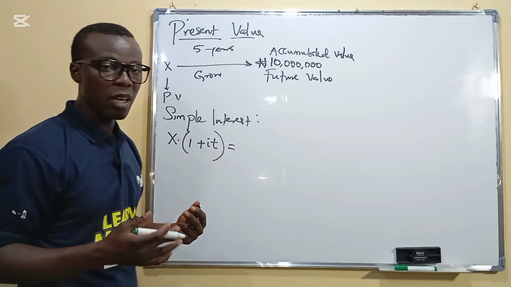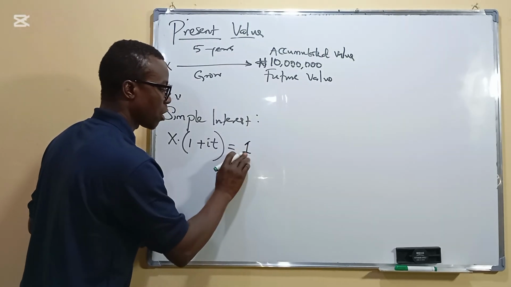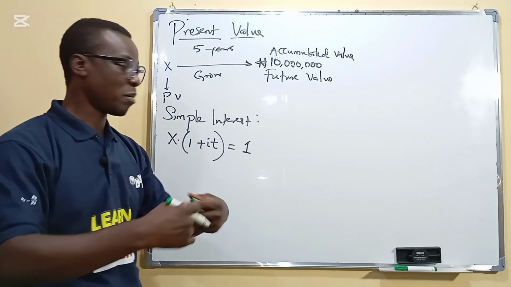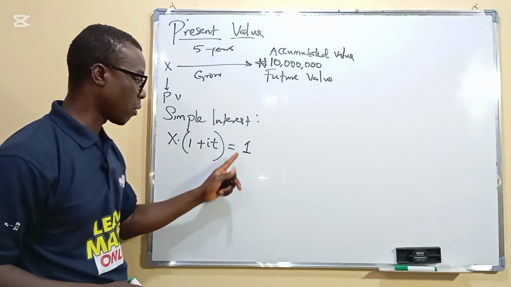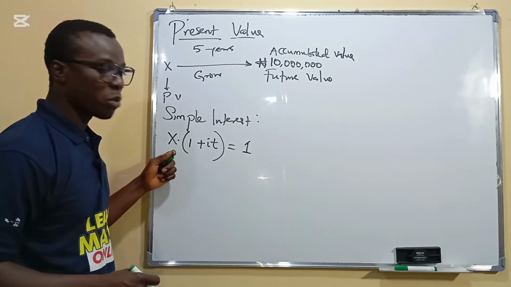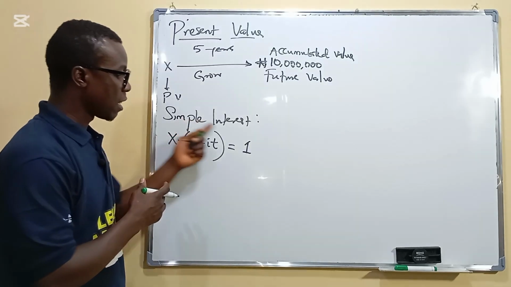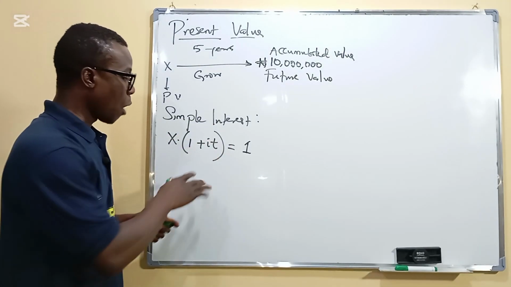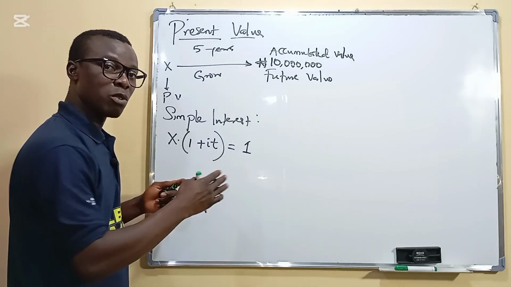So let's say, for example, I want to accumulate a unit amount, just a unit amount. That's the basics of everything here. I want to accumulate a unit amount, that's 1. And how much will I need to be able to accumulate this amount, if we are looking at it in the simple interest? Of course, you are going to be given the interest rate as well as the duration.